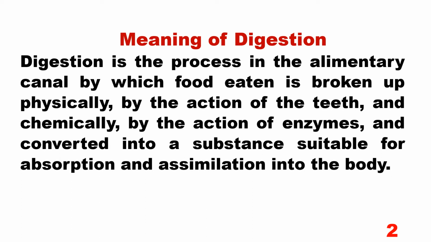And chemically, by the action of enzymes, we have a series of enzymes at different regions of our alimentary canal or digestive system. In the mouth, we have an enzyme called ptyalin or salivary amylase that plays a crucial role in the conversion of cooked starch to maltose. In the stomach, we have two enzymes, pepsin and renin, that ensure breaking down and digestion of proteins.